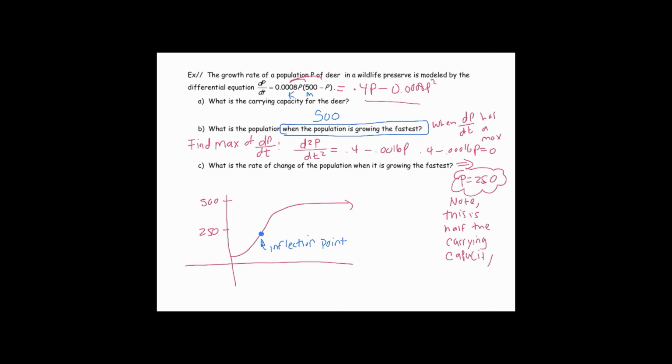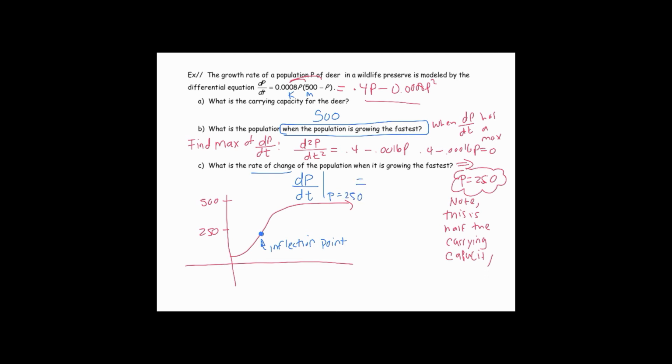The last question says, what is the rate of change of the population when it's growing fastest? Well, that just means we want to evaluate dP/dt at when P is 250.